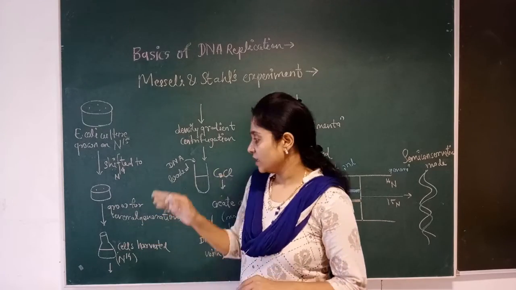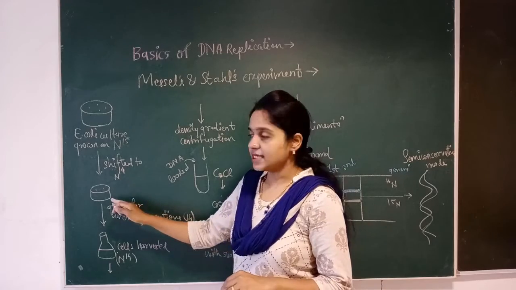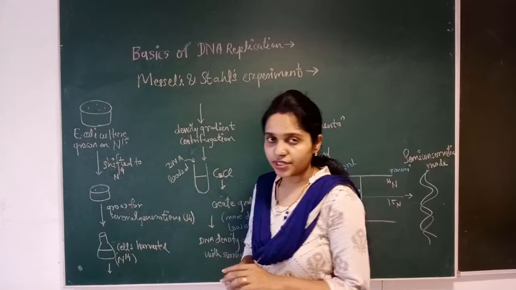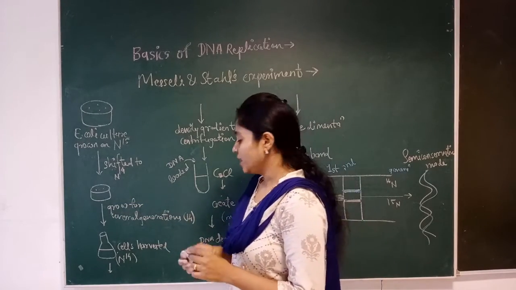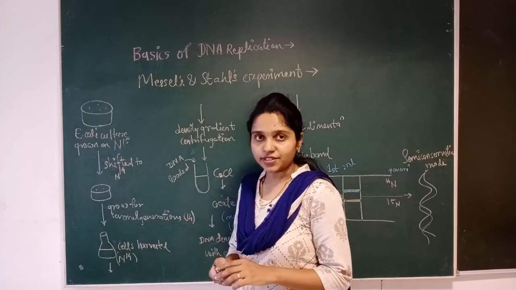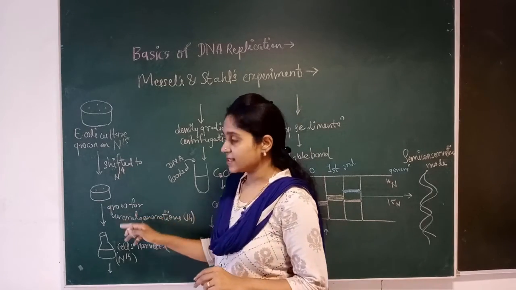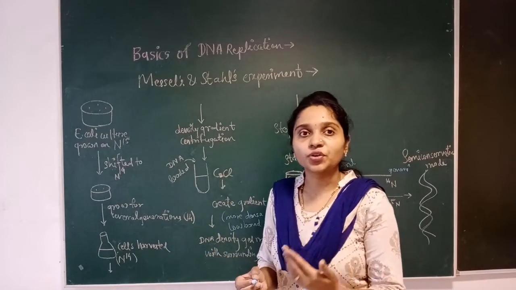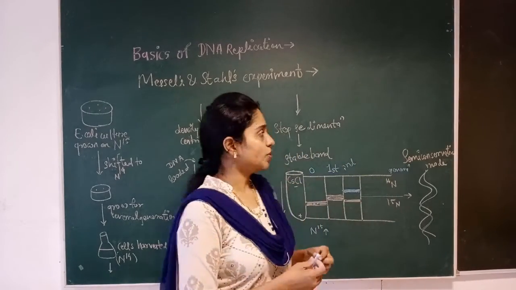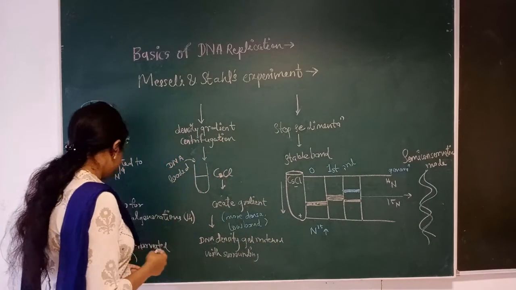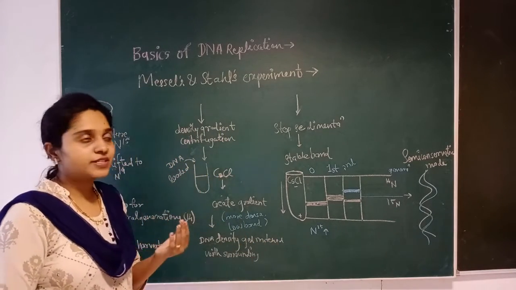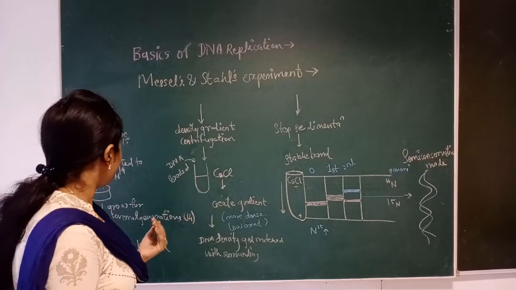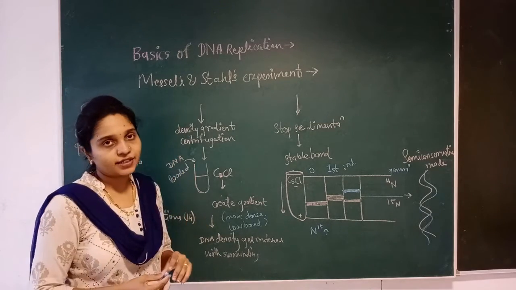They grew these cells for 14 generations. Then the cells were harvested, which were grown on N14 medium. Then these cells were harvested and they performed density gradient centrifugation.